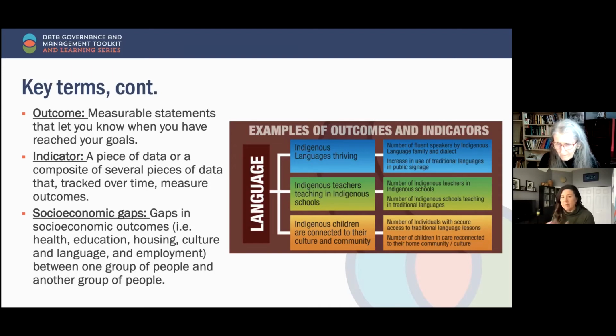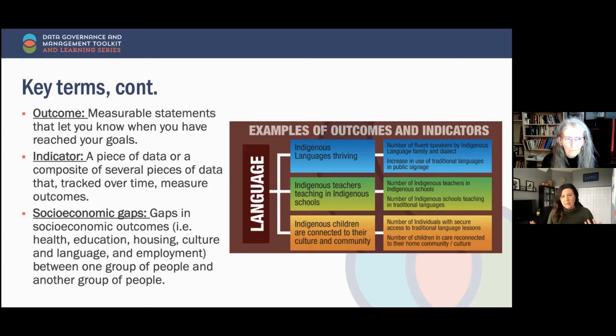We would track the number of Indigenous schools that are teaching in traditional languages. And then on socioeconomic gaps, those are examples of aspirational outcomes driven by the government. We are also tracking things like disparities between the citizens of our governments and other Canadians. That's often framed in the context of a socioeconomic gap.